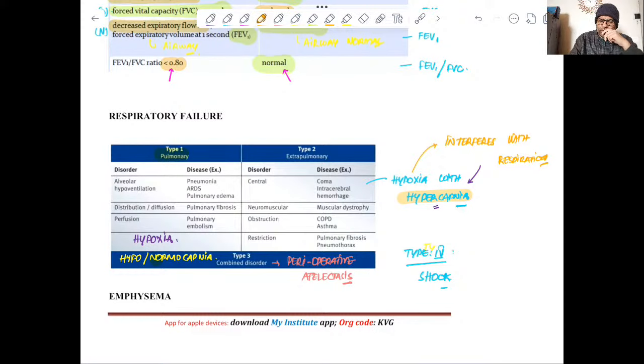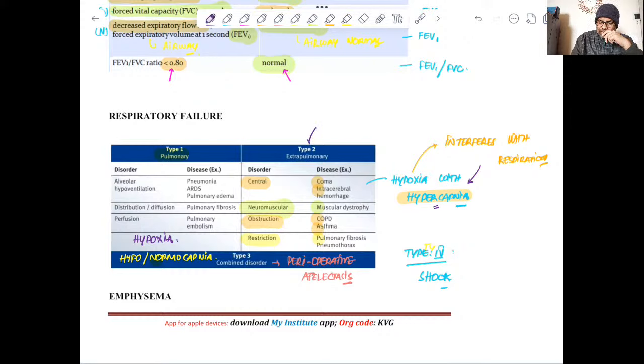So it can be from the brain, like central type, where there is coma, intracerebral hemorrhage. Then it can be related to neuromuscular, especially muscular dystrophies or myasthenia gravis. It can be because of obstruction, as we see in COPD or asthma, or it can be in restrictive lung disease, as we see in pulmonary fibrosis or pneumothorax, right? So these are all important causes.